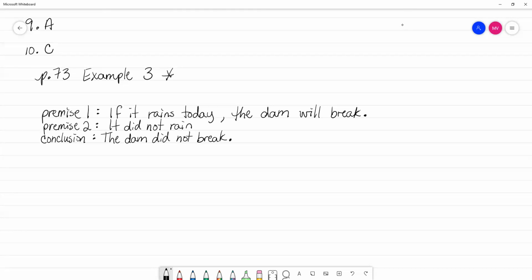Now, do you think this is an example of assuming the converse or assuming the inverse? What are we working with here? Are we negating it or are we reversing it? This is assuming the inverse.